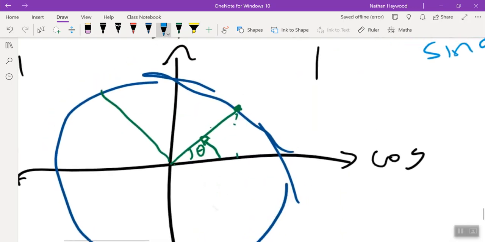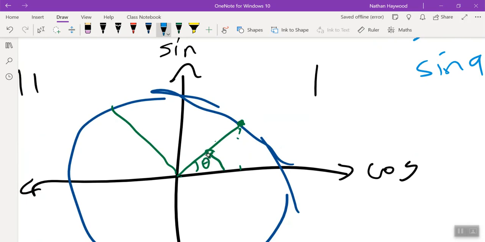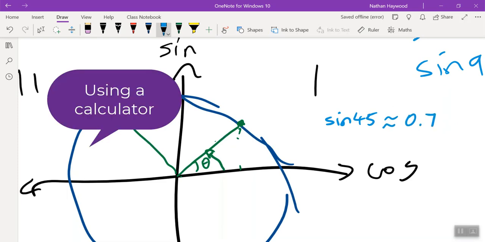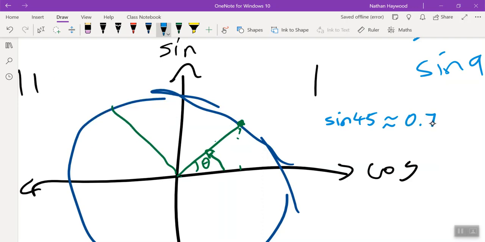If we go back to this angle here, theta, the green one, it looks about 45 degrees. We know that sine 45 degrees is approximately 0.7. So that's the relationship between 2 sides, 0.7.